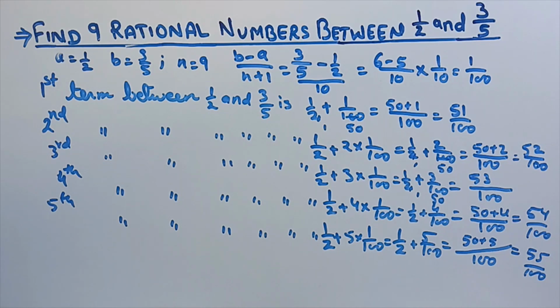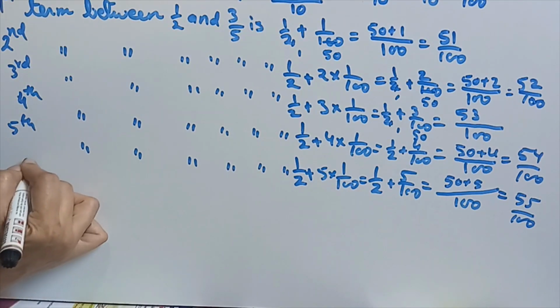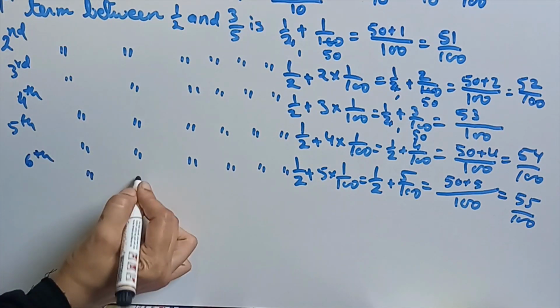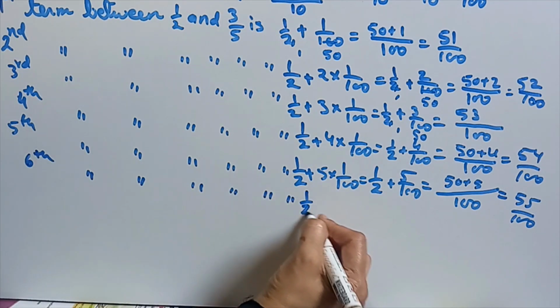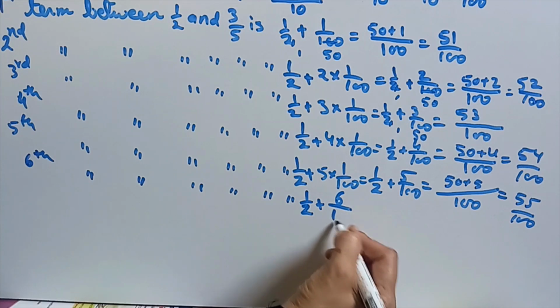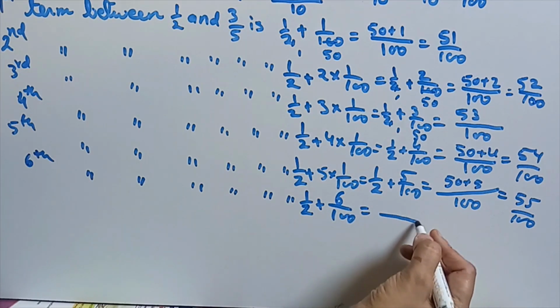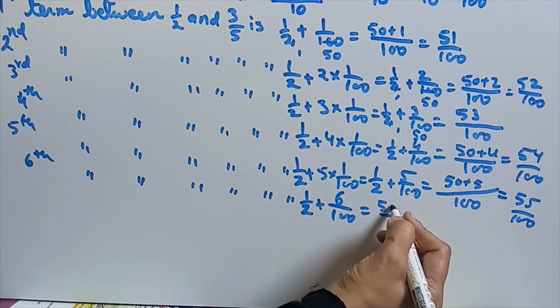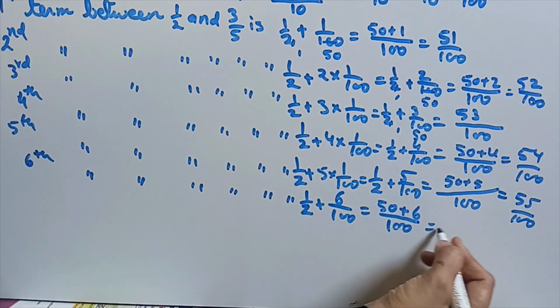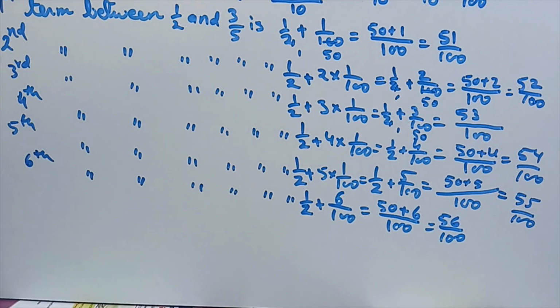This is the fifth term. Now we will find sixth term. Sixth term between 1 by 2 and 3 by 5 is 1 by 2 plus 6 by 100. So this is 100 here, 50 into 1 is 50 plus 6. So this will become 56 by 100.